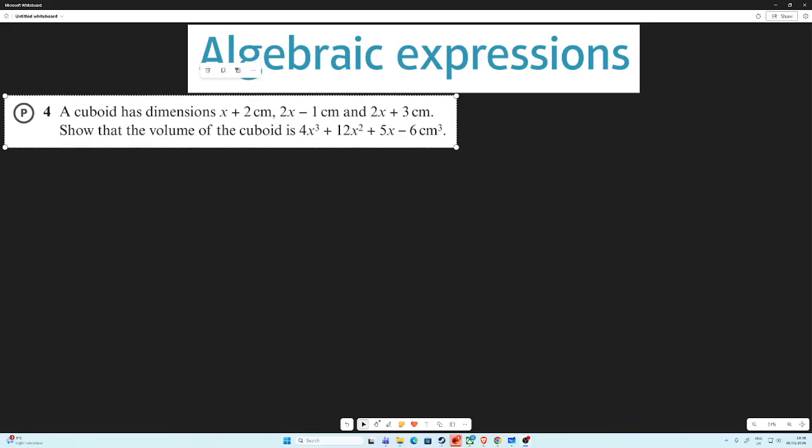Okay, question 4. A cuboid has dimensions x plus 2 centimeters, 2x minus 1 centimeters, and 2x plus 3 centimeters. Show that the volume is 4x cubed plus 12x squared plus 5x minus 6. Okay, we can draw a simple diagram of the cuboid, something like that. It doesn't have to be perfect.